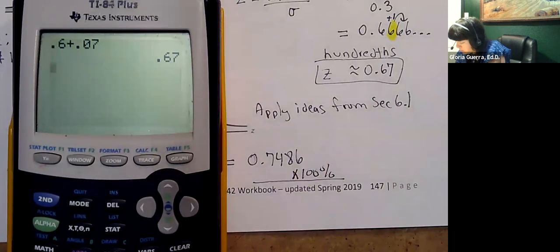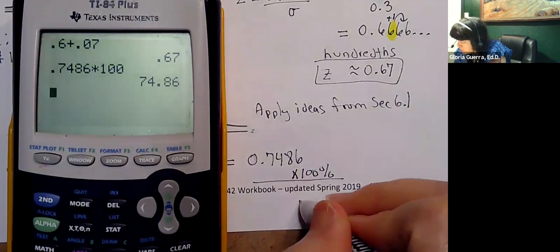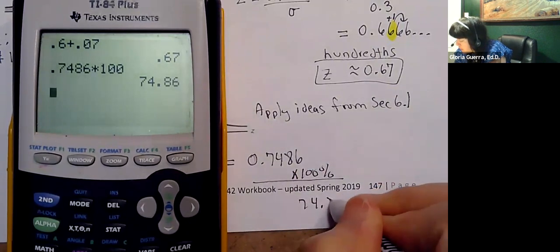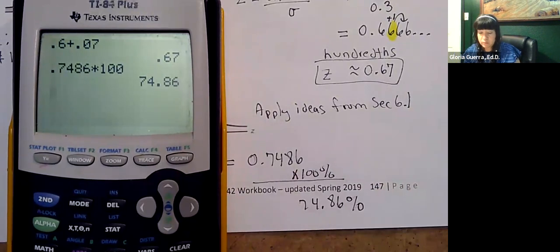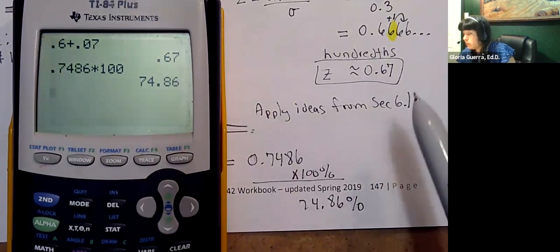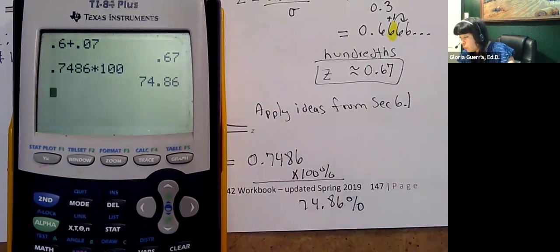So 0.7486 times 100% is 74.86%. And they didn't tell us what to round to. I don't know, is it the nearest whole or the nearest tens or the hundreds. So I'll just leave it like that. They just said percentage. They didn't say whole percent or round to 10. So I'm going to leave it like that.